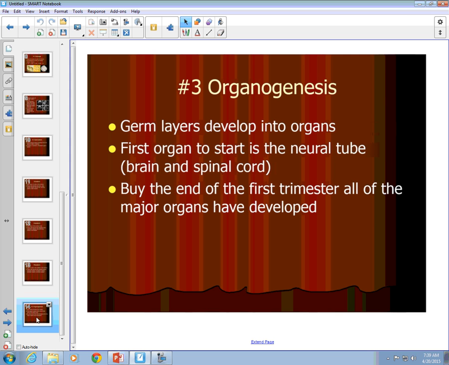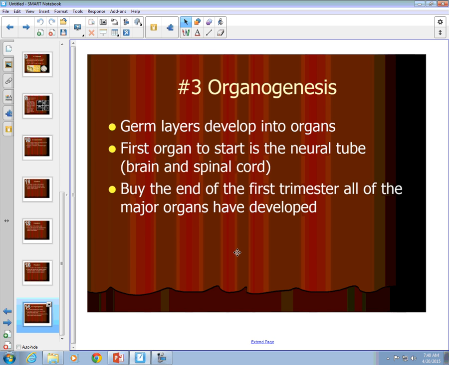And the last thing I want to talk about is from there, so when it's a gastrula and we have the 3 different germ layers and now we know what they become, the next step in development is creating the organs. So those germ layers will then start to develop into organs, and this is happening pretty early in human embryonic development.